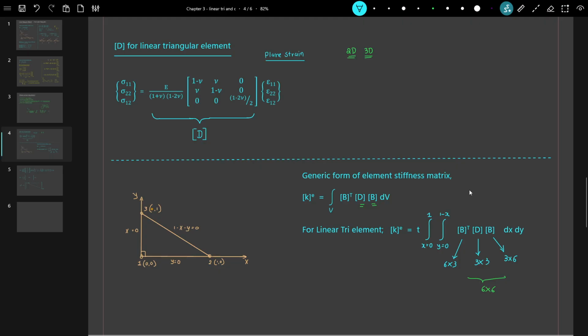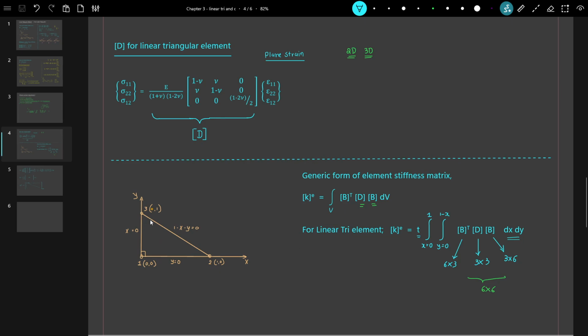For 2D elements, dV is thickness t times dx dy, and it is an integration over the volume of the element. Since t is an element section property and is not physically modeled, we need to take integration only over x and y, that is, the in-plane dimensions.